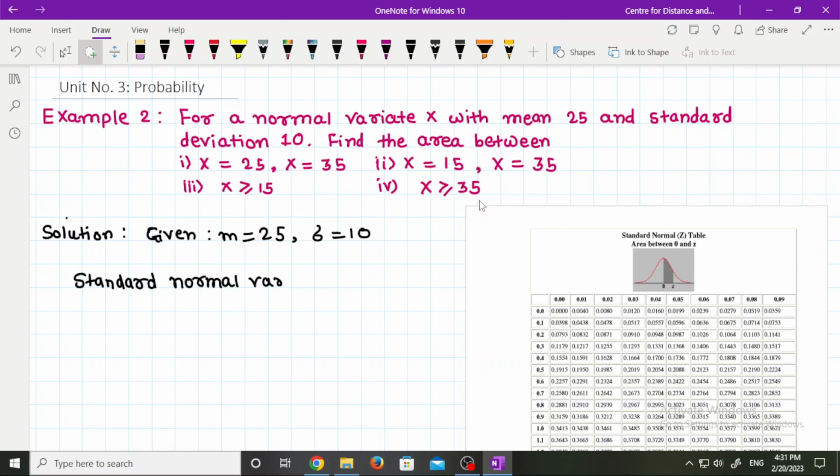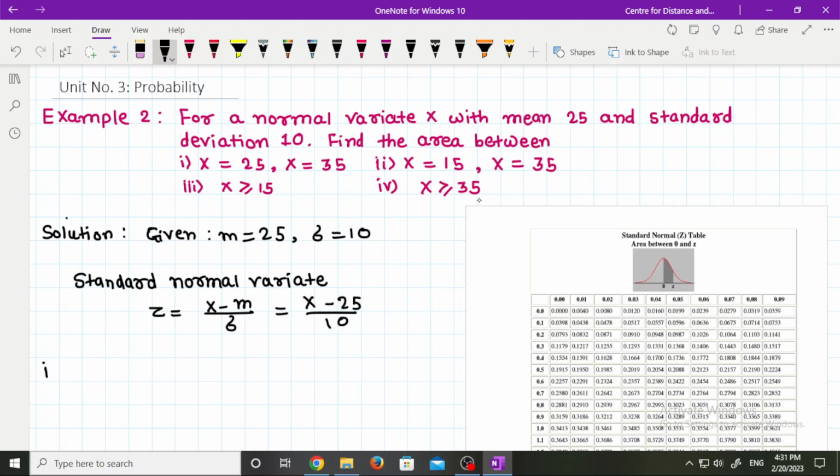Standard normal variate, that is z is equal to x minus m divided by sigma, that is x minus the value of m, 25, divided by 10.